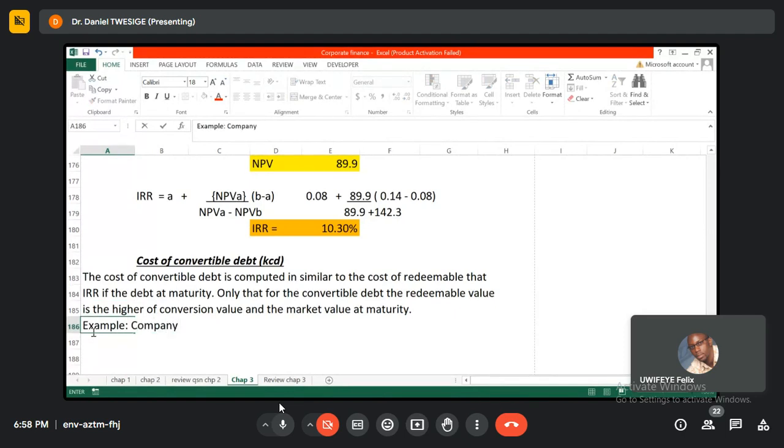Company X issued a convertible debt with a par value of 1,000.